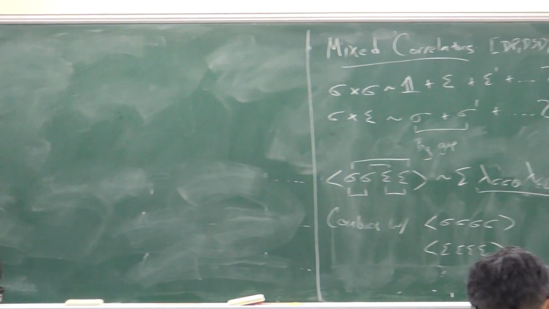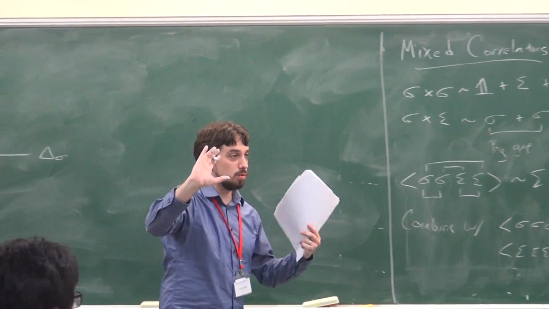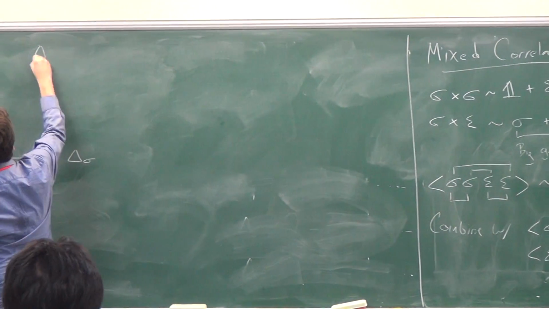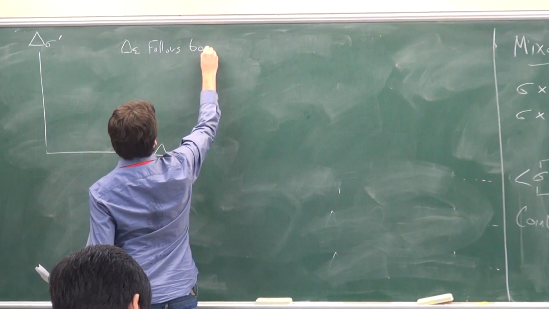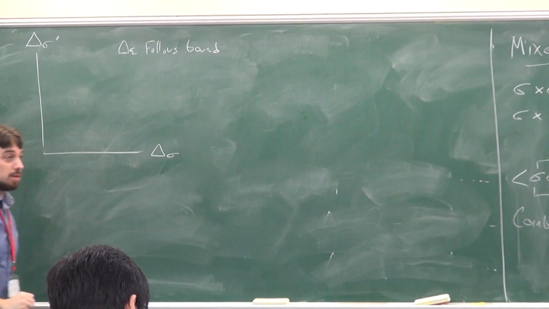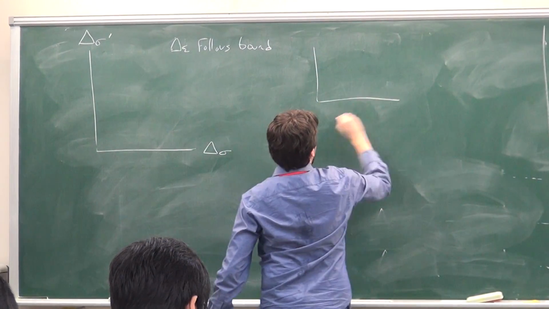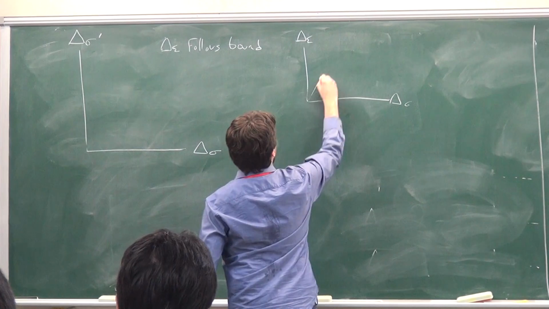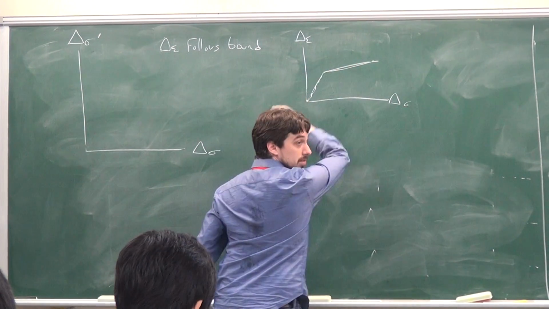So in general there's some three-dimensional plot, but to make it a two-dimensional plot, let me assume that delta epsilon follows the bound on its value that we computed with the single correlator case. Okay, so we computed delta epsilon as a function of delta sigma, which looks like this. So I'm assuming delta epsilon follows this curve.